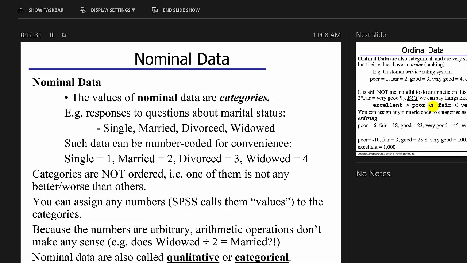So therefore, whatever I do, whatever numbers I assign, very important thing to remember: if you have nominal data, you can't compute the mean. The mean is meaningless, okay? As funny as it sounds, no pun intended. Mean is meaningless, okay? So with nominal data, there is no such thing as mean. We cannot compute the mean, okay?